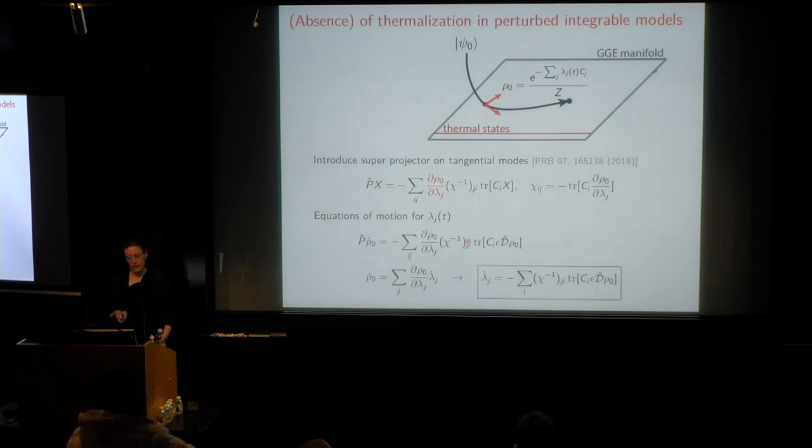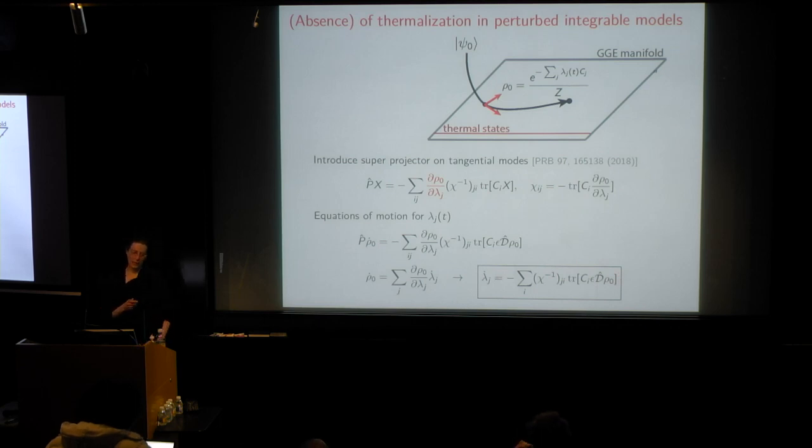And this is essentially given by that expression, which tells us how much flow I will be having along each of these directions, given by that scalar here.